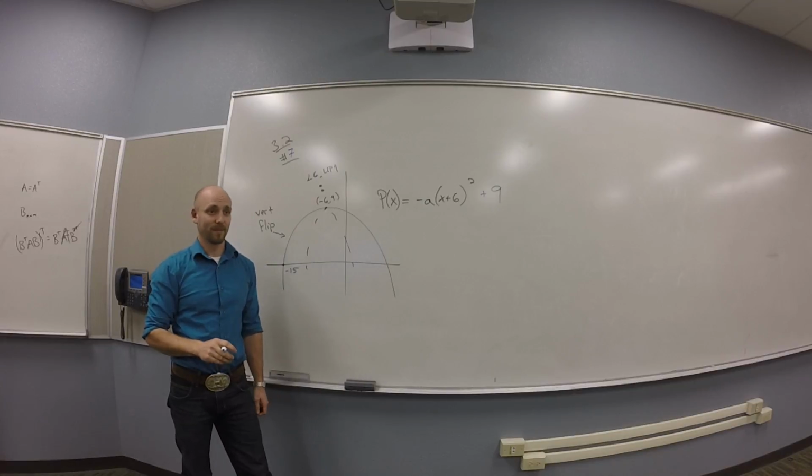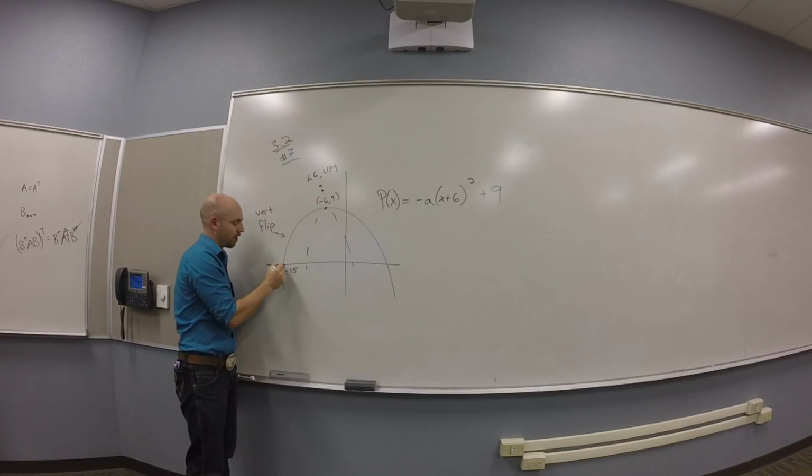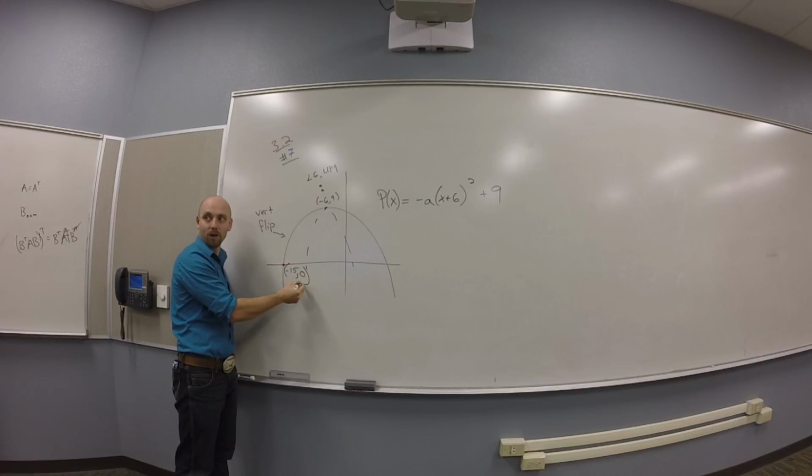So then you plug in what? Negative 15. Okay, good. So this is a point, right? This point is a negative 15 comma 0, which is a what comma what pair? Because it's on the graph. It is an input comma output. Good. It's an input-output pair because it's on the graph, right?